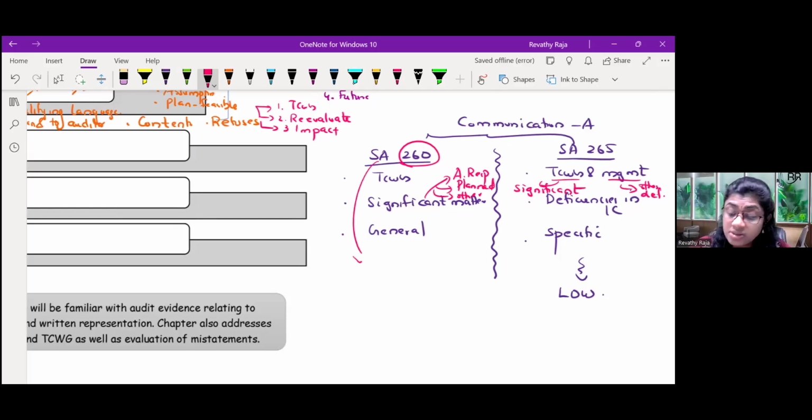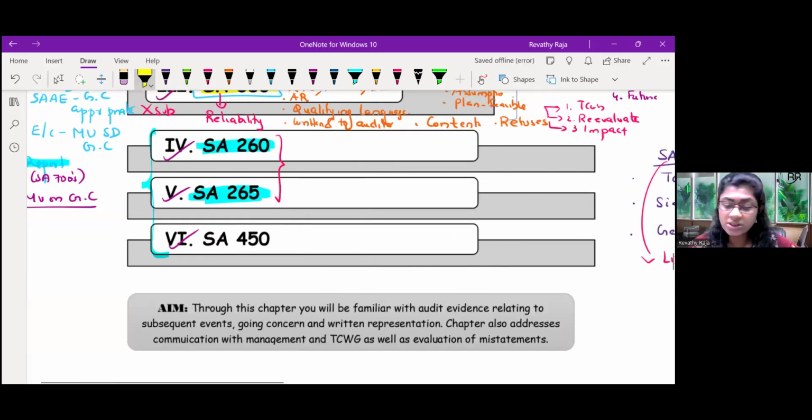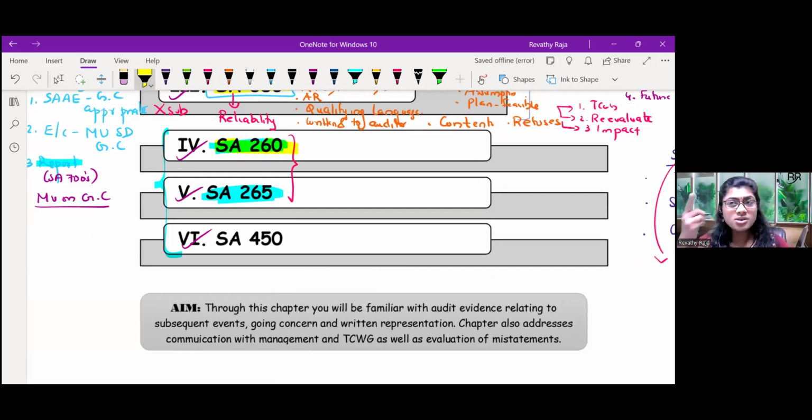Now, in case of listed entities, you have to communicate compliance with independence, threats, safeguards. So, to conclude, SA 260 is communicating with TCWG, and 265 is communicating deficiencies in internal control with the TCWG and management.